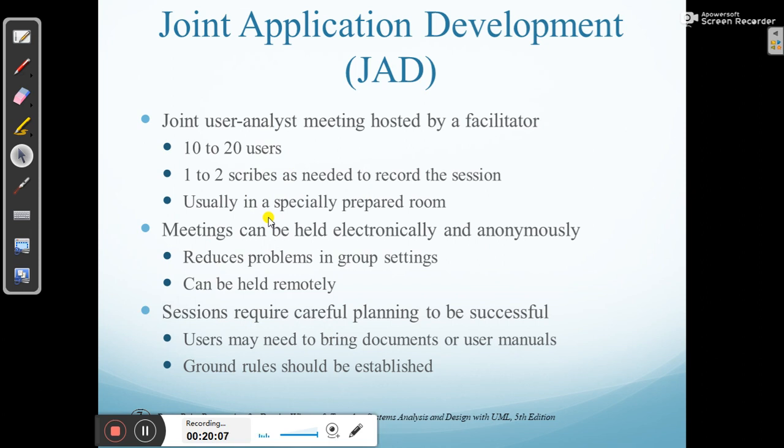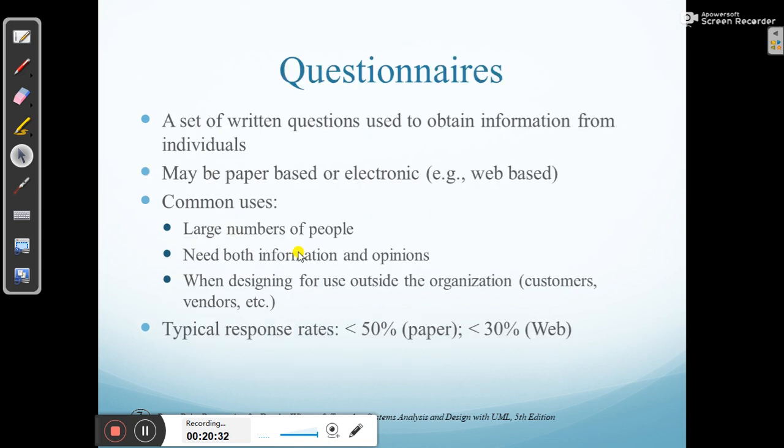That is called joint application development. Joint application means you are creating a user-analyst meeting. Here will be the analyst and here will be the users, and together they will create that environment to find out the requirements of your system.